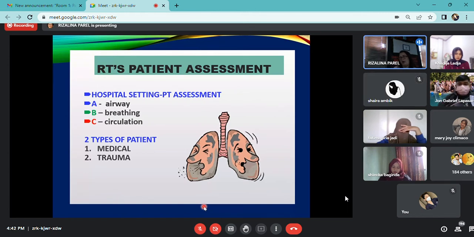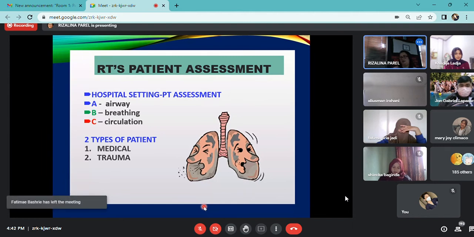B for breathing. Yung breathing natin, chine-check natin yung kanyang ventilation, yung kanyang respiratory rate, okay? Yung pattern of breathing niya, yung IE ratio niya, yung use of accessory muscles niya, yung breathing niya ba is without nasal flaring. Okay? Ibig sabihin, effortless or hindi namang hirap huminga.